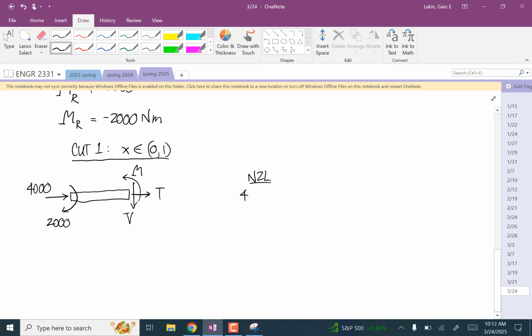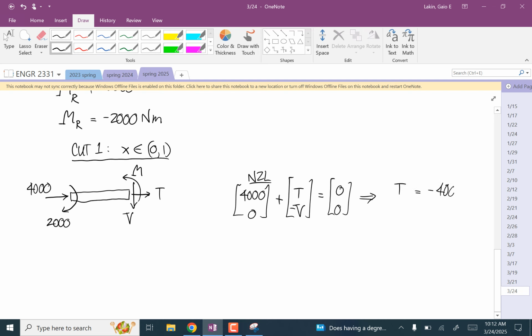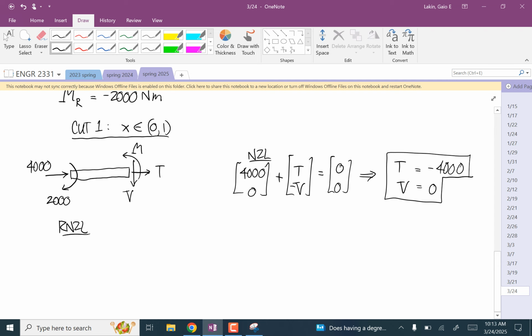Newton's second law says 4,000, 0, plus T negative V is zeros. And so T is equal to negative 4,000 and V is equal to 0. And the moment equation about the z-axis, we don't have any torques in this.